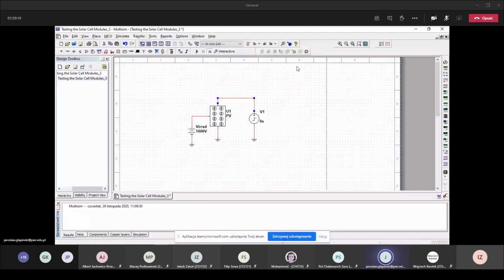So we can simulate the characteristic of this element.